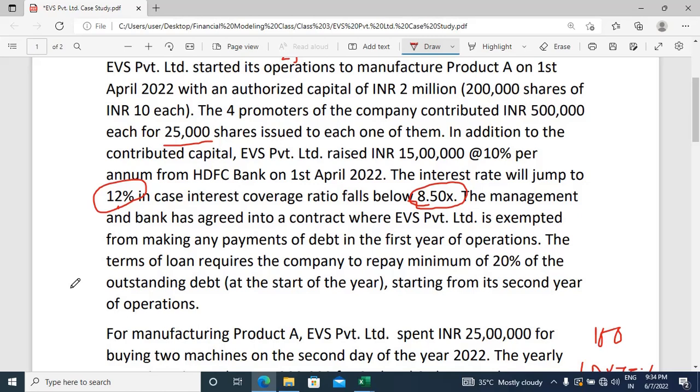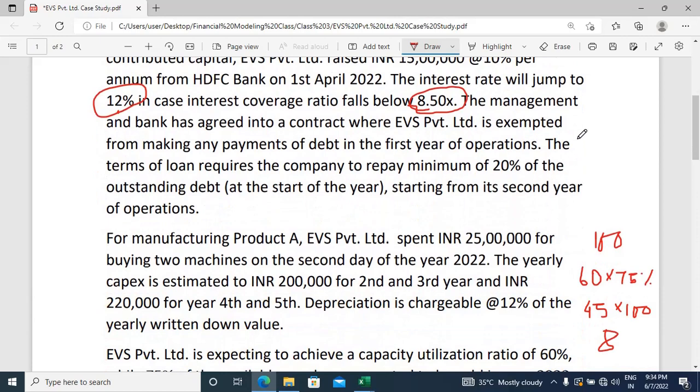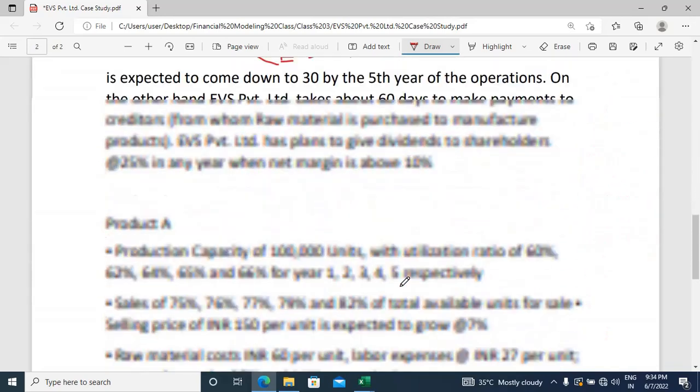Whatever debt is remaining, we have to pay 20% of it at the start of the year, starting from its second year of operations. There is a small catch in this. So I will just do it and show it to you later. I'm just putting a hash here because there are some other informations also we have to refer to now for this thing.